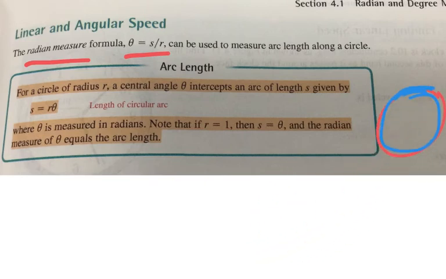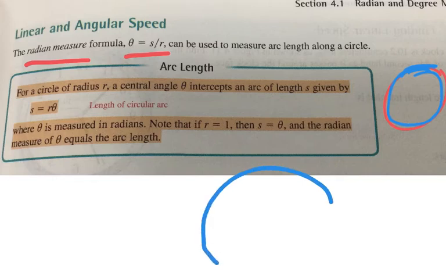Okay, so let's look at the formula for arc length. It says for a circle of radius r, a central angle theta intercepts an arc length s given by s equals r times theta, where theta is measured in radians. Note that if r is 1, then s is theta, and the radian measure theta equals the arc length.